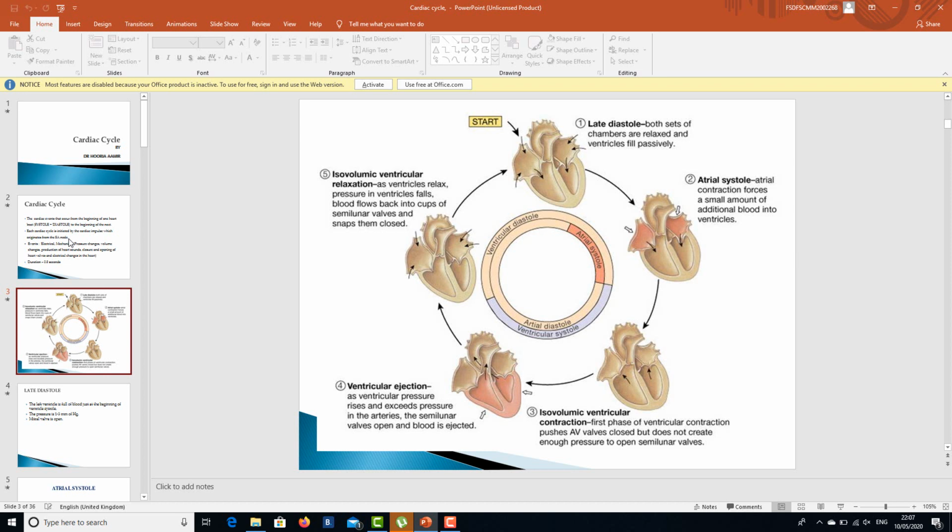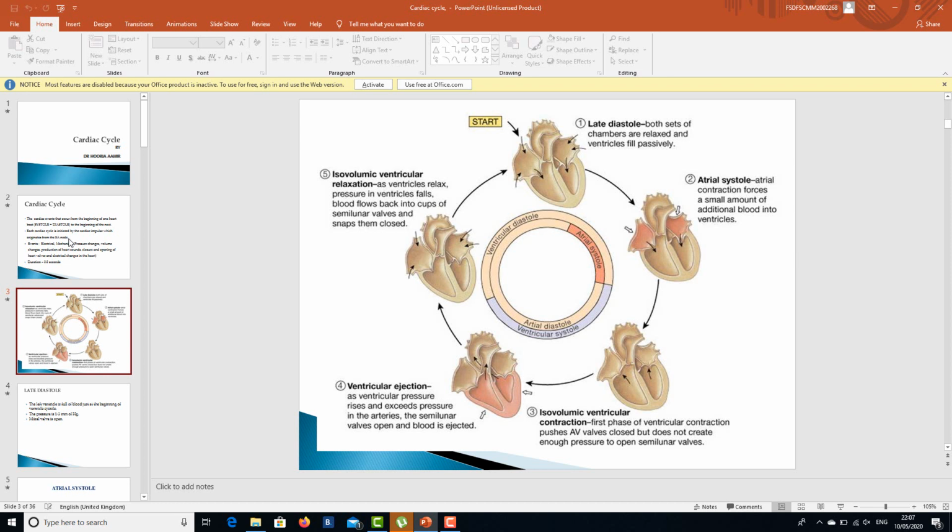Then there is the period of contraction, right? During this period, we have the atrial contraction and the ventricular contraction. During atrial contraction, an additional amount of blood is forced into the ventricles.